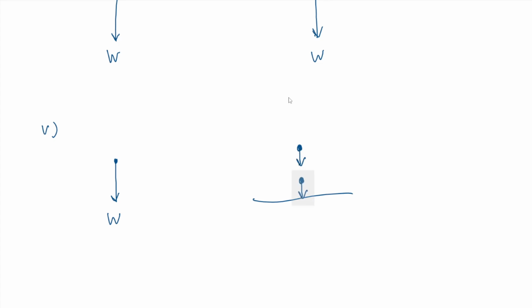And then what happens to the speed as it hits the ground? It loses all of its speed, right? It comes to a complete rest. It might bounce off, but let's assume it comes to a complete rest.